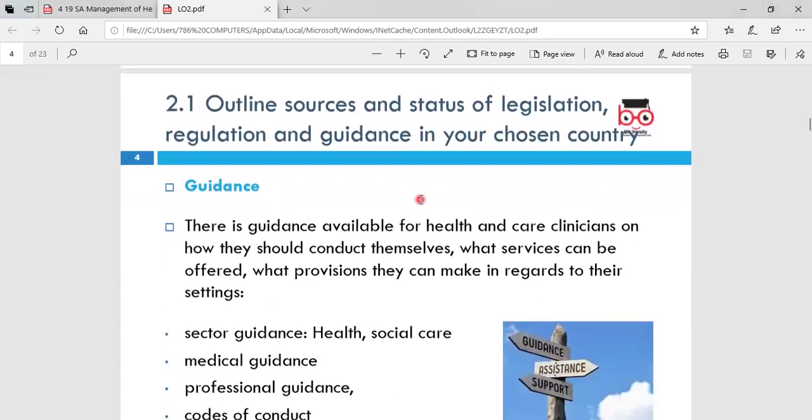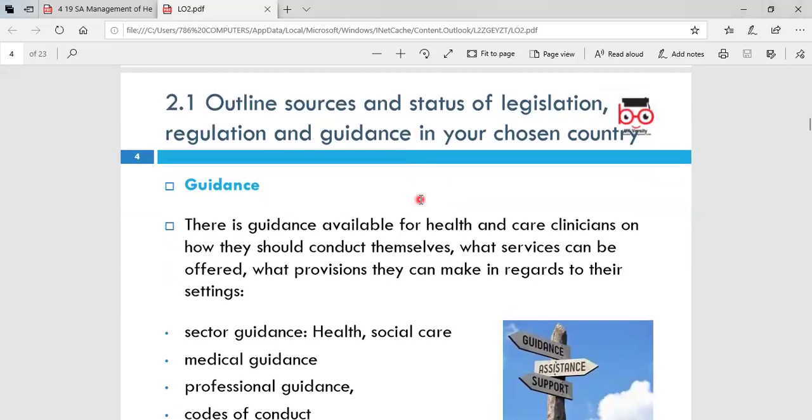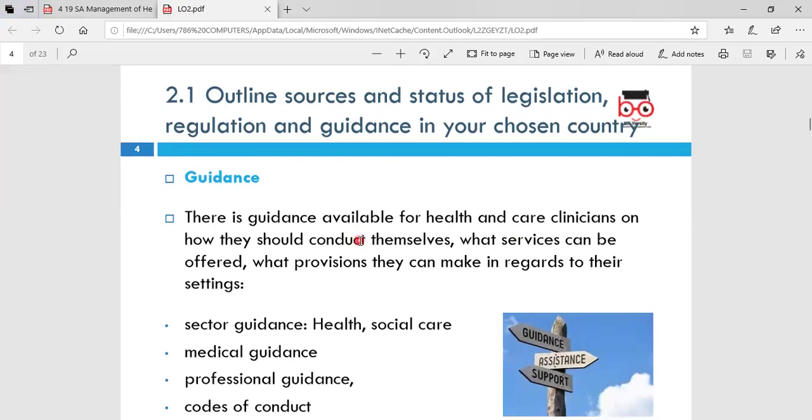So when we outline the sources and status of legislation, regulation, and guidance, what is guidance? There is guidance always available for health and care clinicians on how they could conduct different activities, what services are to be offered, and what provisions they can make in regard to their setting. You always have a set of guidelines for any sector that you're working in, particularly health and social care within your chosen country.